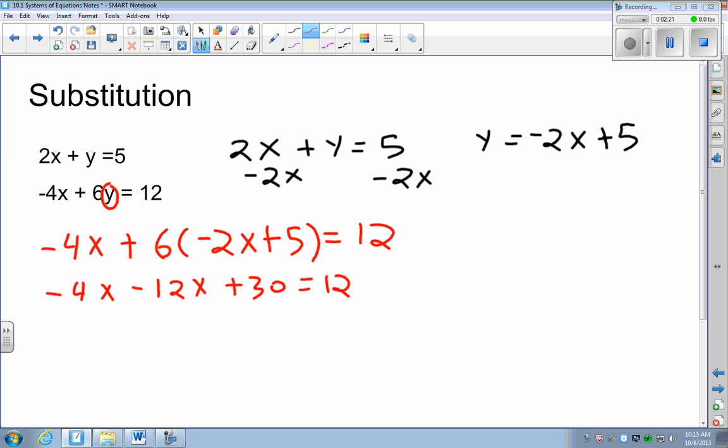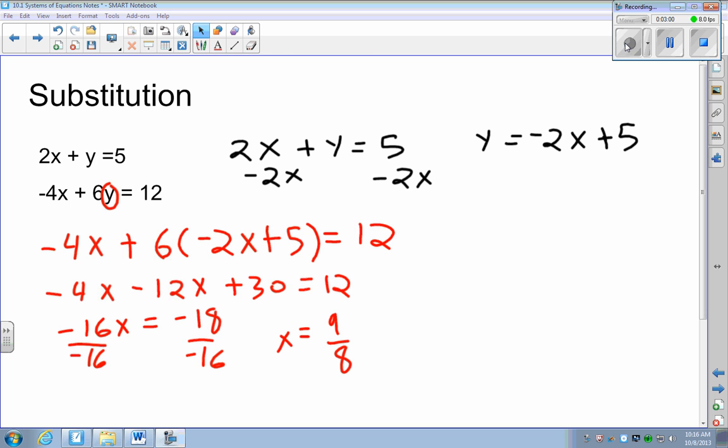Okay, so now we get the x's on one side and the numbers on the right. Now the only thing we have left to do is divide by this negative 16. And the way that I got 9 over 8 is I just reduced the negative 18 over 16.